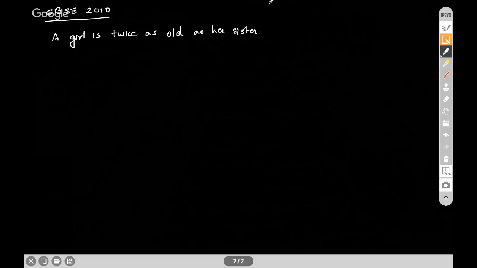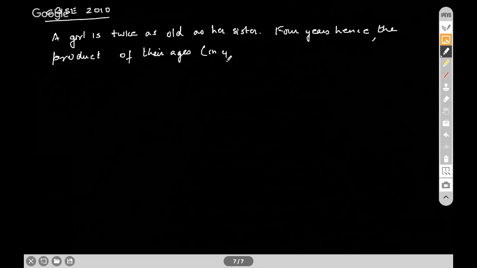You have to convert these into mathematical expressions. 4 years hence, the product of their ages, it's mentioned in years, will be 160.